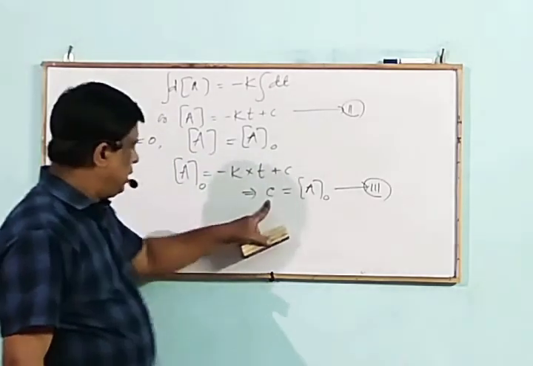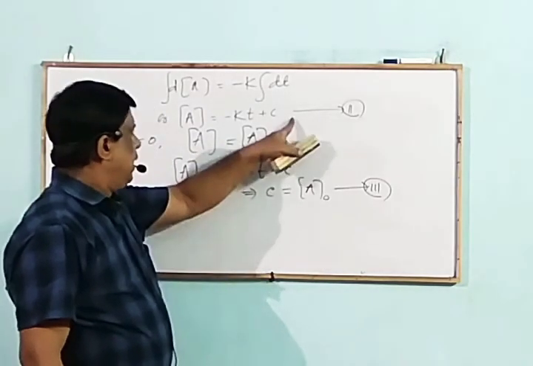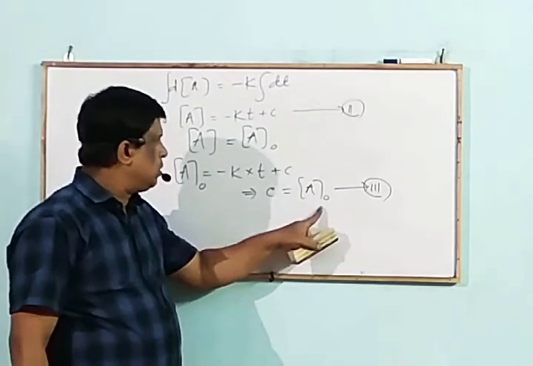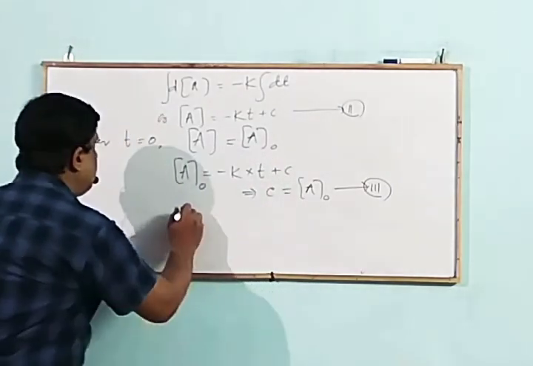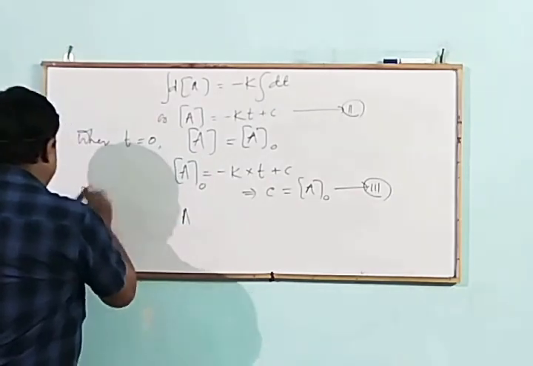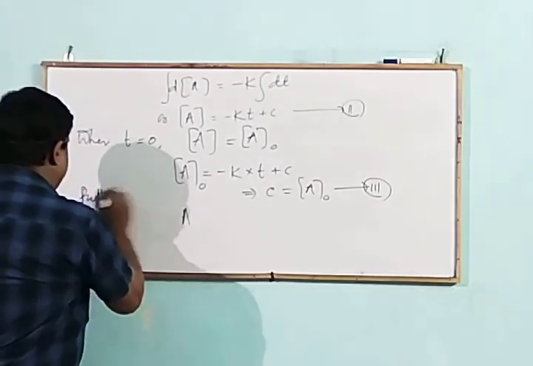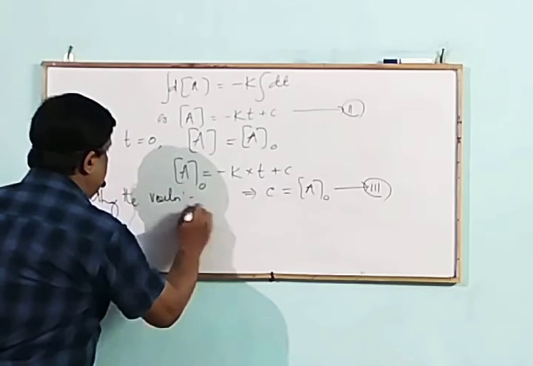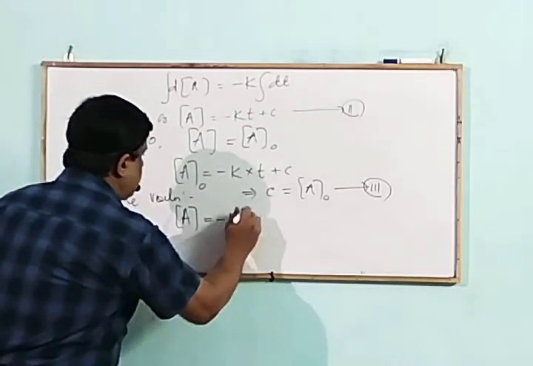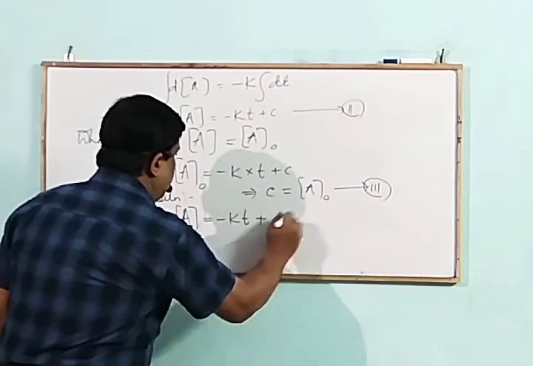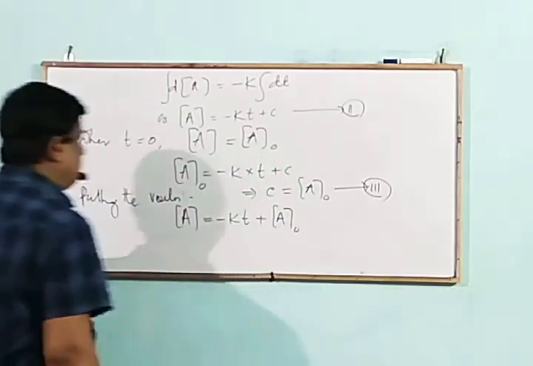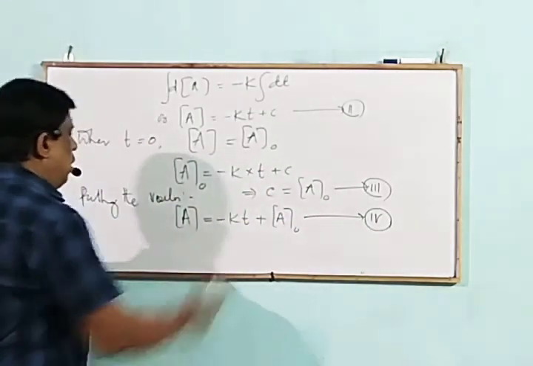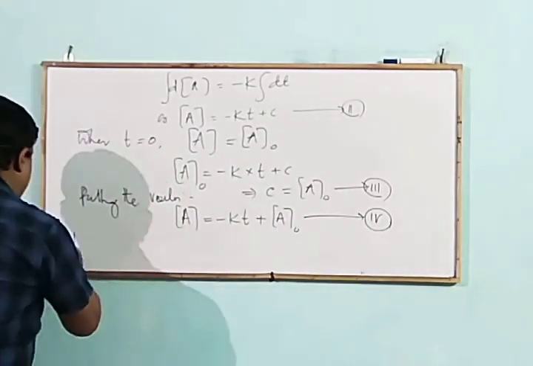Putting the value of c from equation 3 in equation 2, we have A is equal to minus kt plus A naught, equation 4.